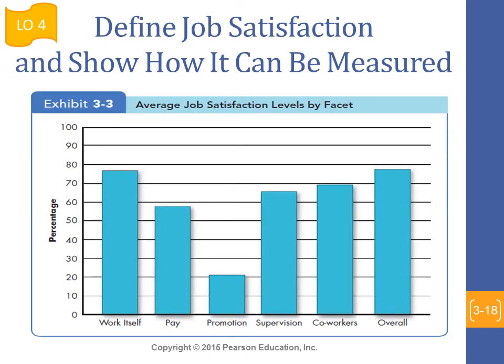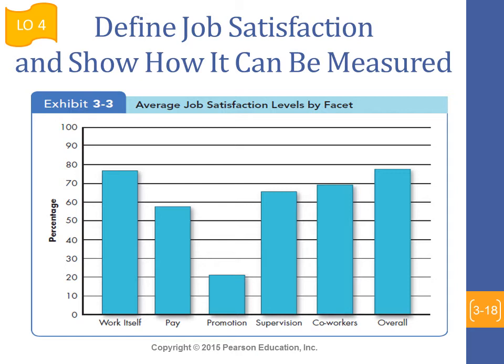In this exhibit, it talks about the average job satisfaction level by facets. On the y-axis we have the percentage that talks about the satisfaction level, and on the x-axis we have the different facets. Overall, if we look at this, we see that the satisfaction level is actually very high.